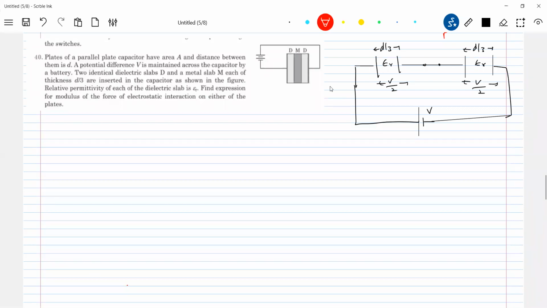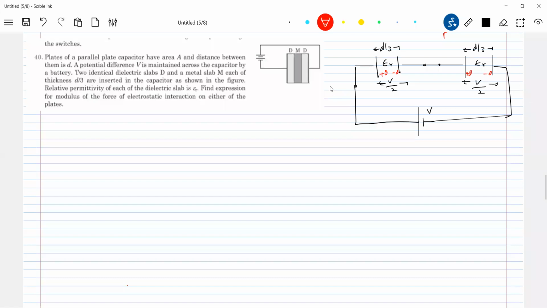So plus Q minus Q. A final charge. I'm just showing only the flow of charge. Finally, what charges will come? Because of negative sign, the charge on one of the plates will change. As in the previous problem, the negative sign we have to interpret like that. If you get negative sign, you have to change the polarity of plates. Okay, now the same charge will flow here, no?